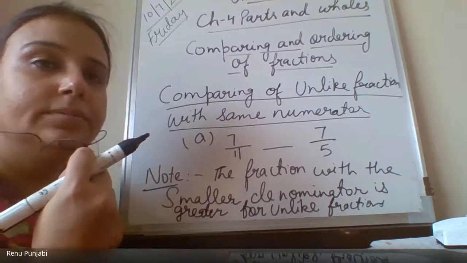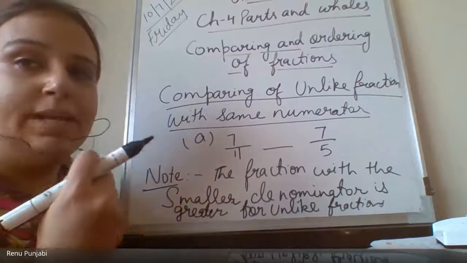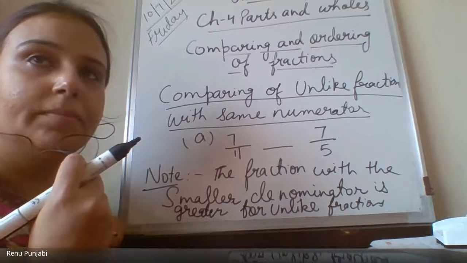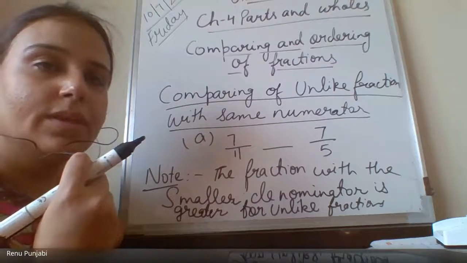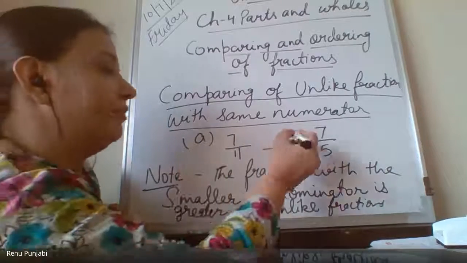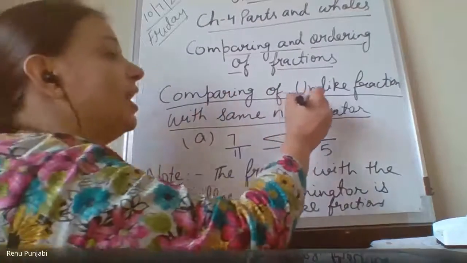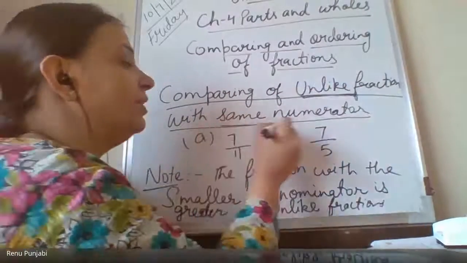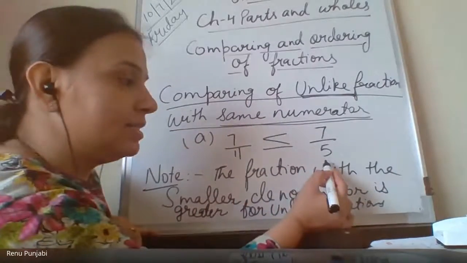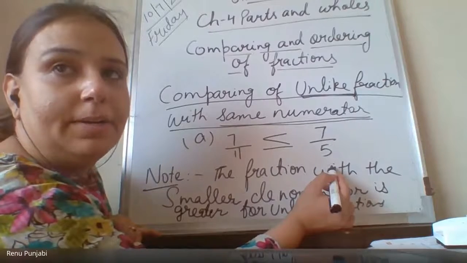Arna Agarwal. Yes, please write the answer in the chat box, children. Very good. 7 upon 5 is the greater because, as I said, in unlike fractions with same numerator, the fraction with the smaller denominator will be greater.